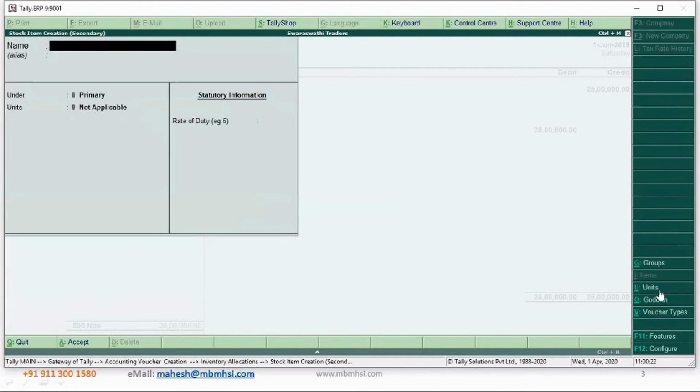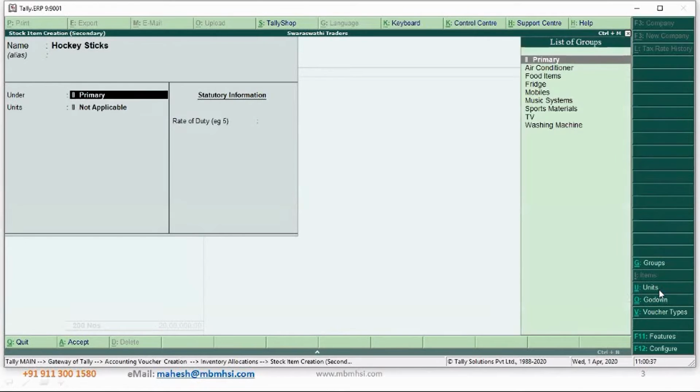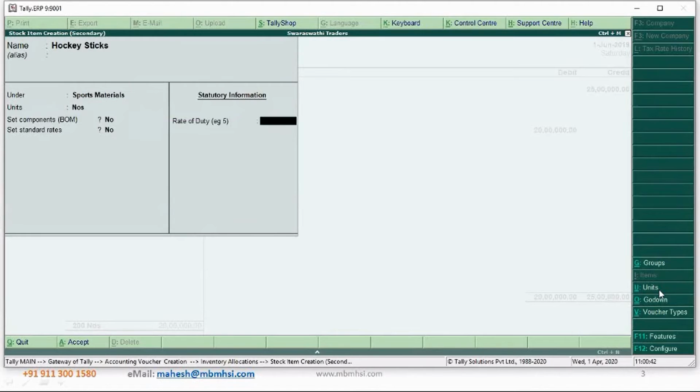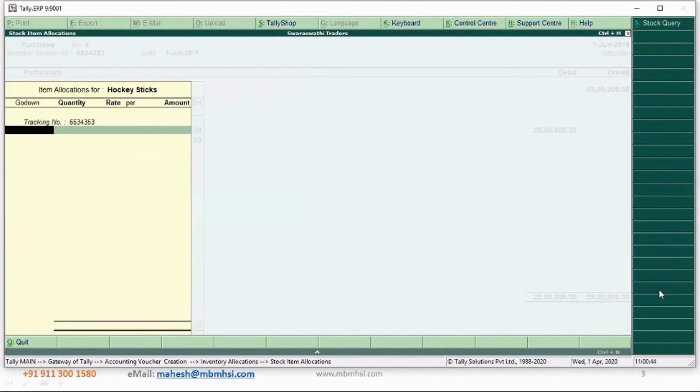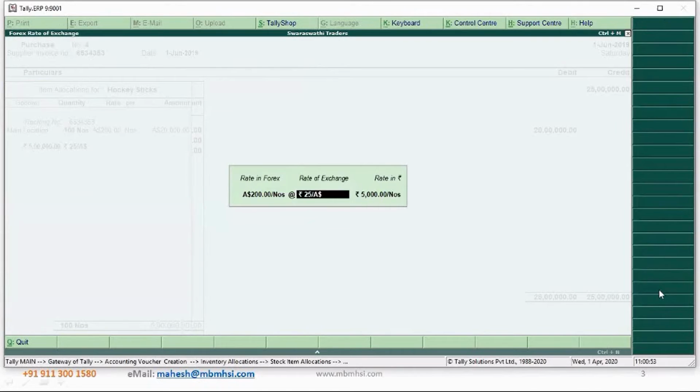So I'm purchasing one more item. I've created one more item. Okay, let me purchase hockey sticks. Sports material numbers, 100 at Australian dollars 200 per item at 25.